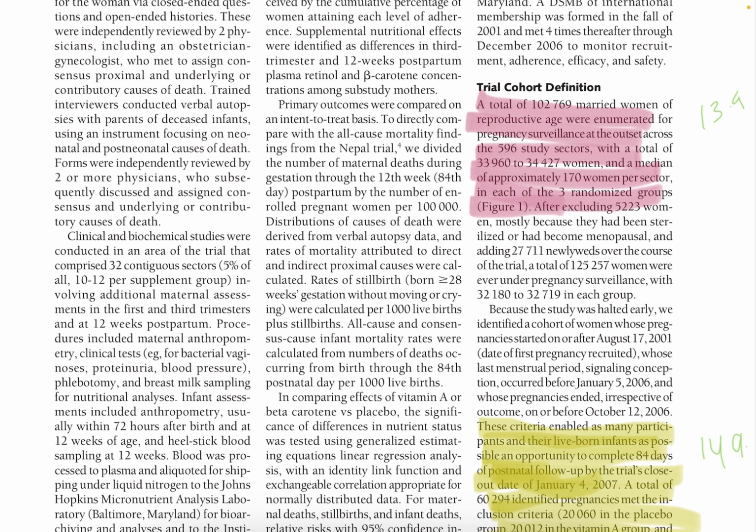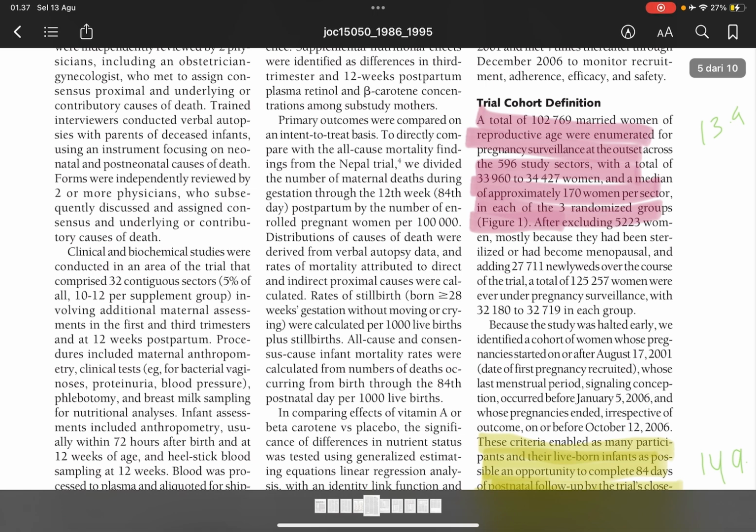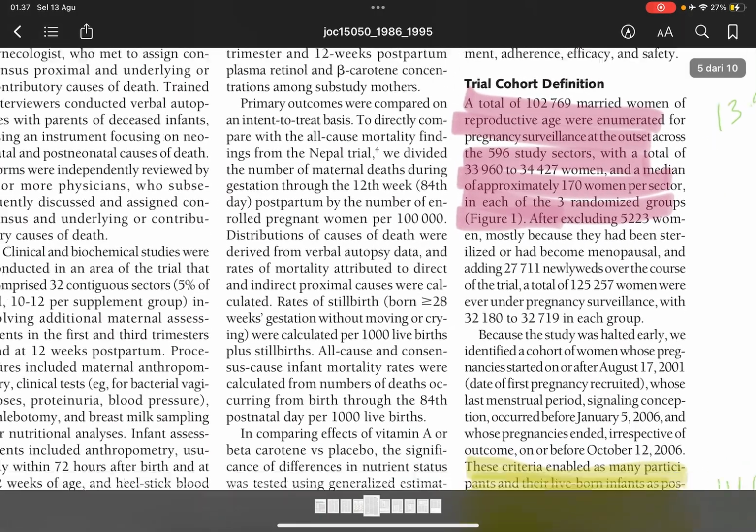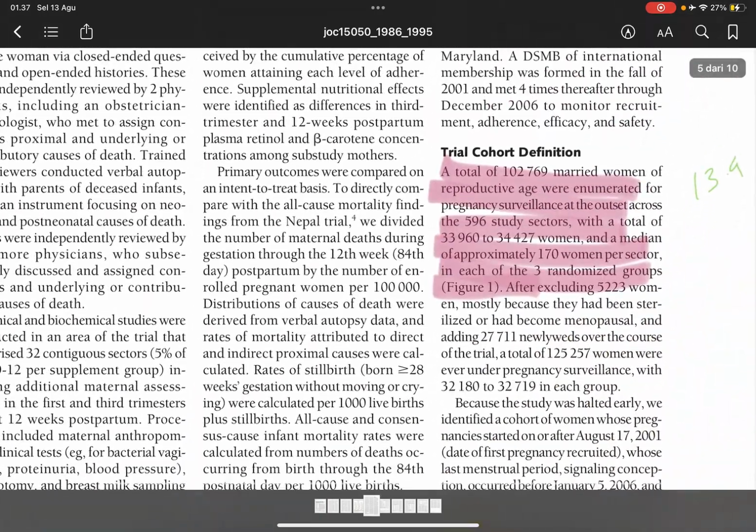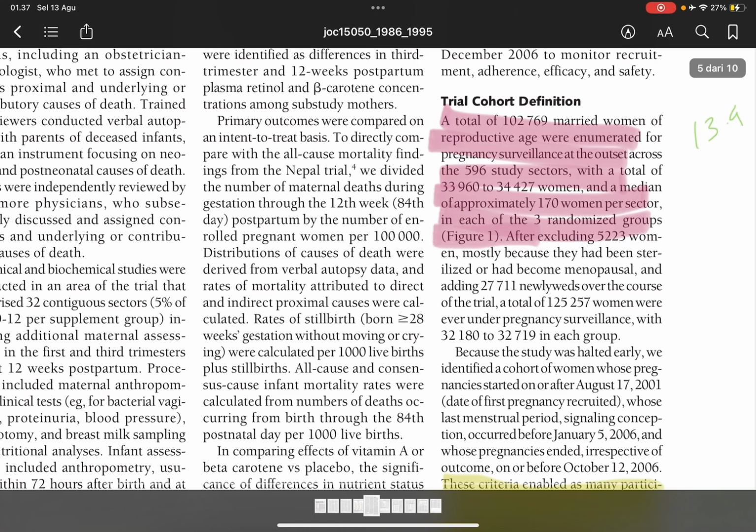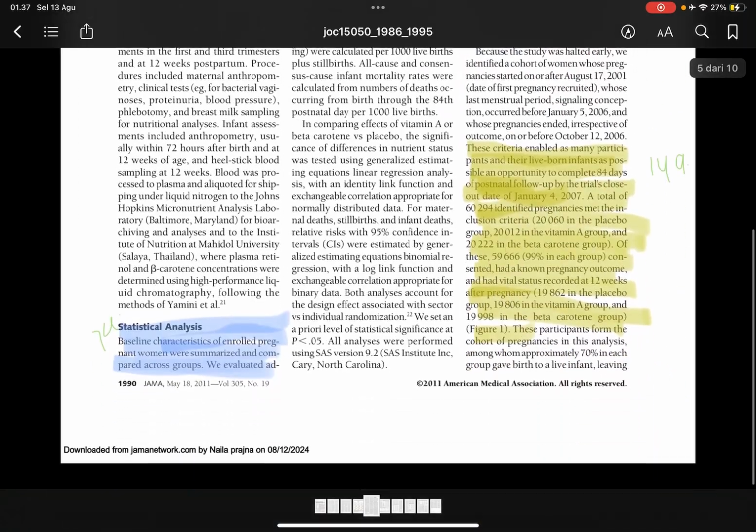I can find the checklist number 13A, which is for each group, the numbers of participants who were randomly assigned, received intended treatment, and were analyzed for the primary outcome. So the participants are married women.